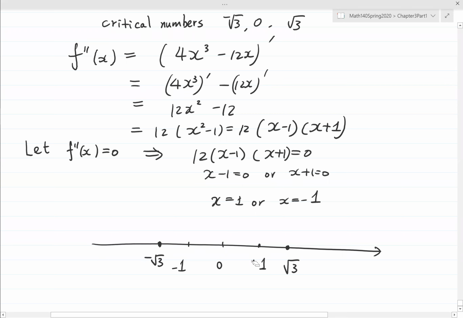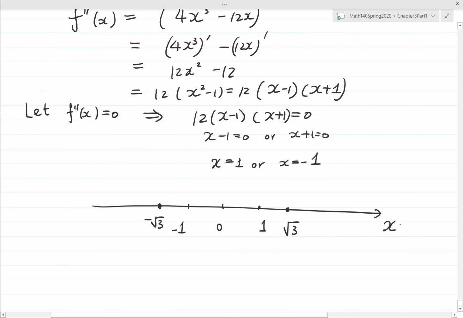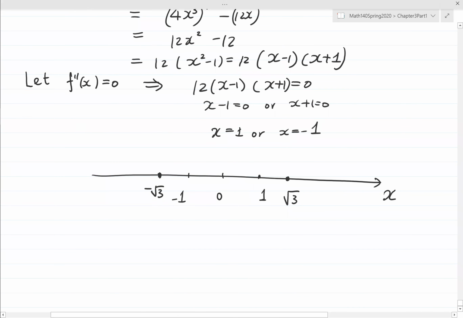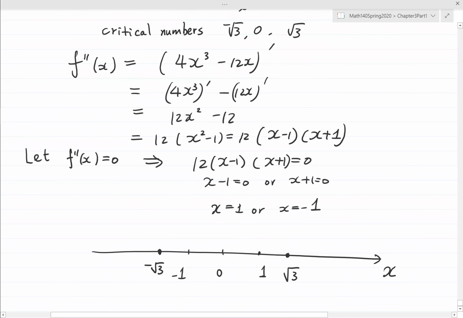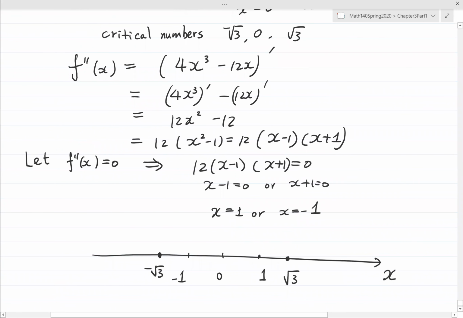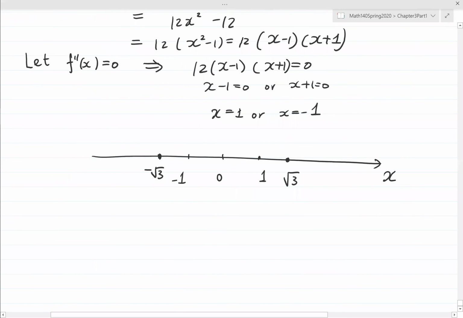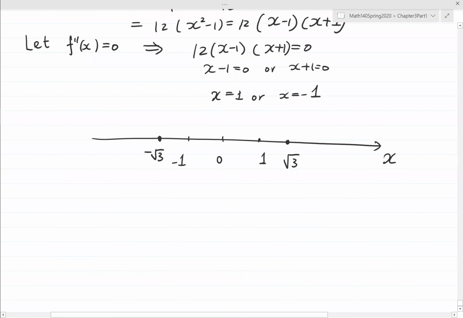All these numbers partition the number line into intervals.